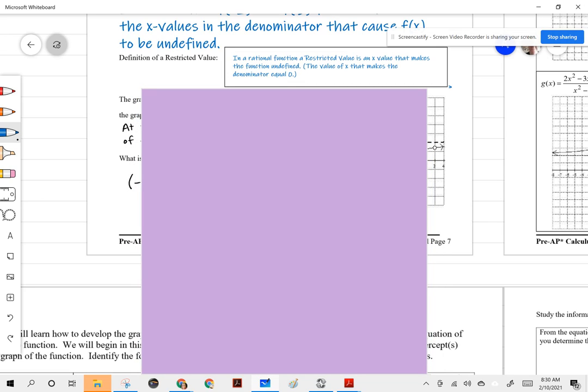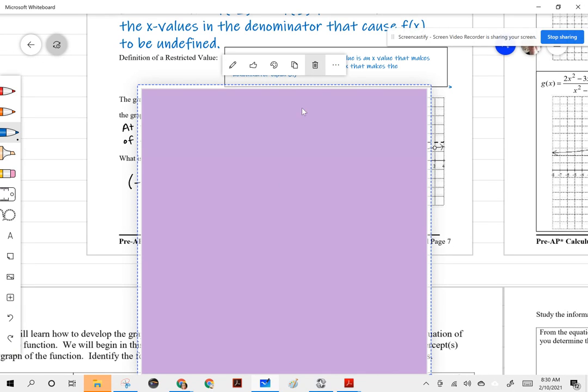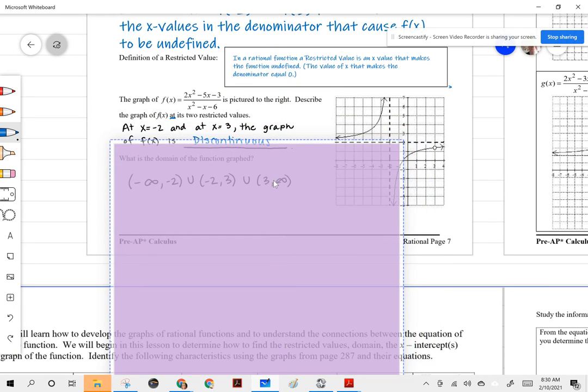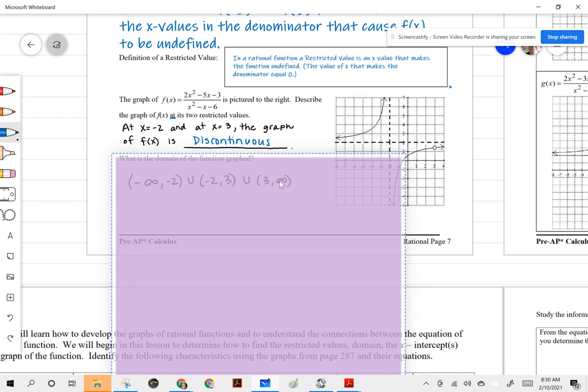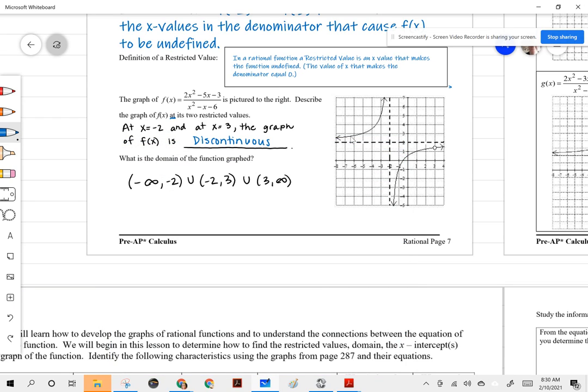All right, so here it's asking you where my purple sticky is. It says the graph of f of x is pictured at the right, and we are going to describe the graph at its 2 restricted values. So remember that it was restricted at x is equal to negative 2, and then x is equal to 3.